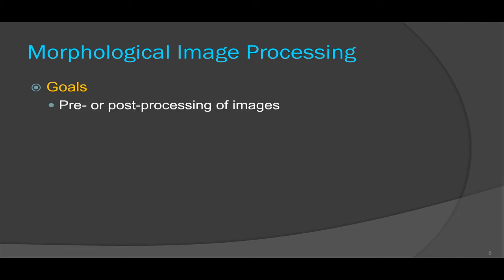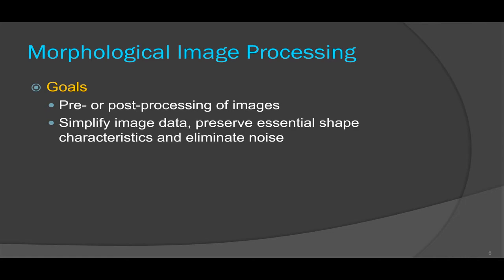It can be used as pre or post processing of images. Morphological image processing operations are popularly used for pre-processing of the images, or many times they can also be utilized as post-processing operations after performing some other kinds of algorithms on the images. Further, these operations simplify image data.